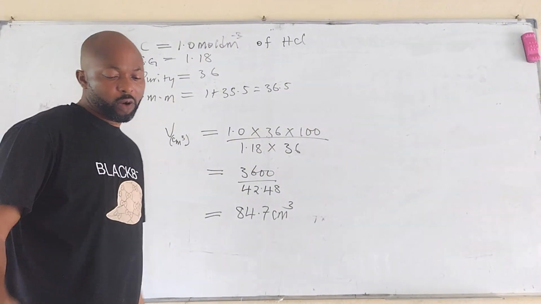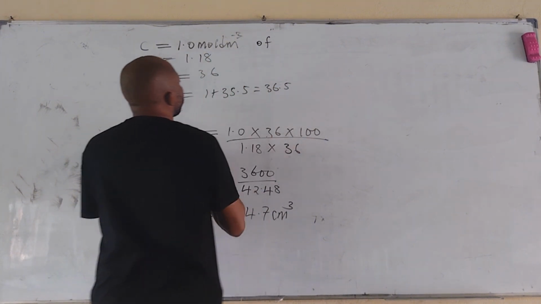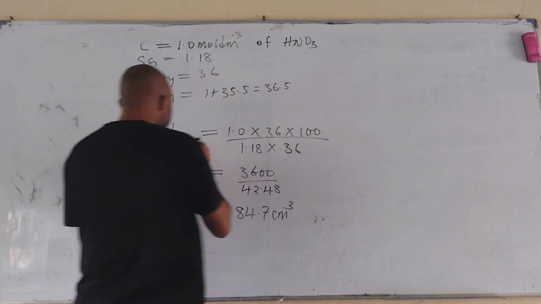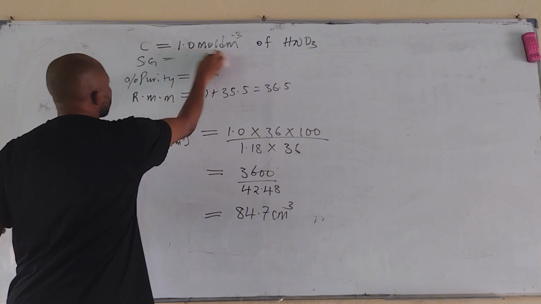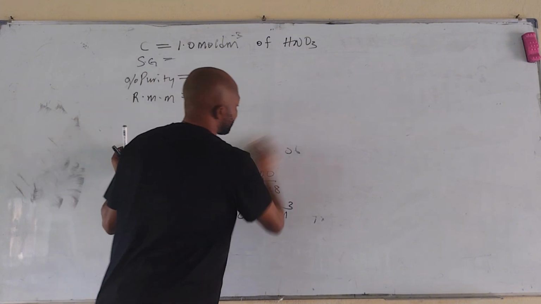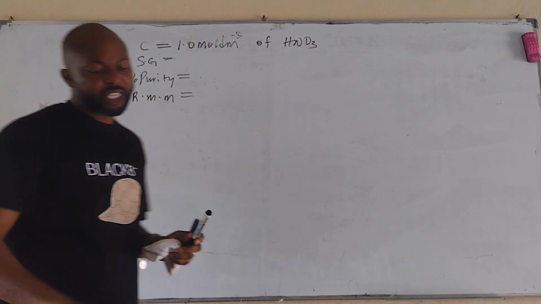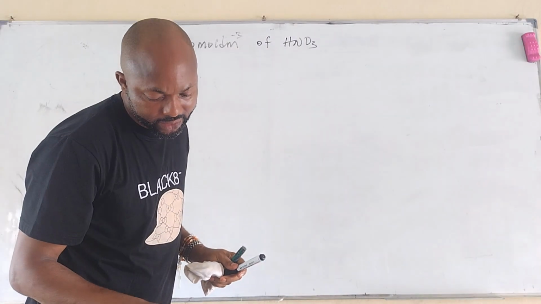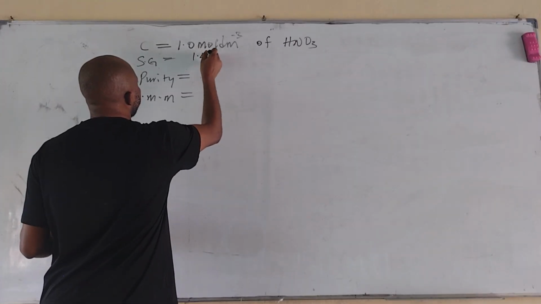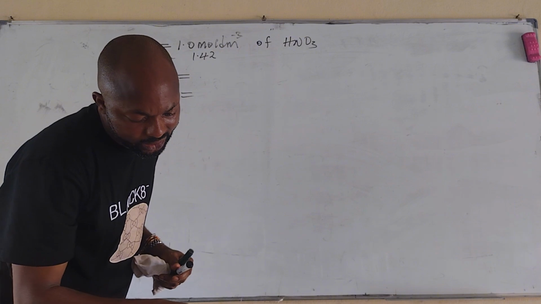1.0 mole per dm³ of HNO3, trioxonitrate 5 acid. So the specific gravity will be different, and every other thing. Let's begin. Our specific gravity for that is 1.42. Percentage purity is 70.